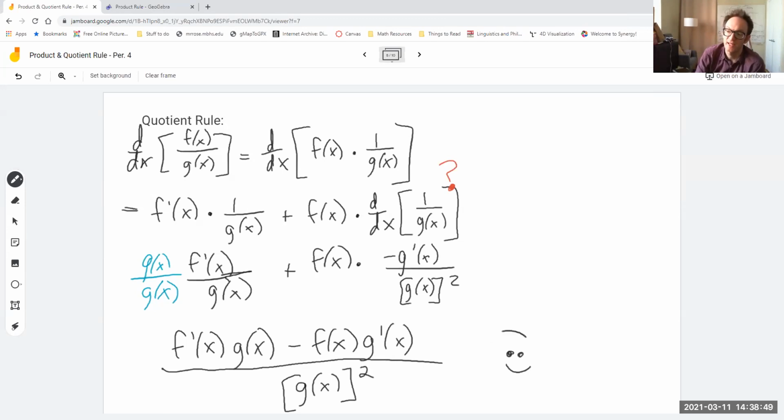This is what's called the quotient rule. Of course, it's in our book, or you can just look at the slide presentation later. It's just a rule for differentiating the quotient of two functions. And it's just the product rule and the reciprocal rule together.